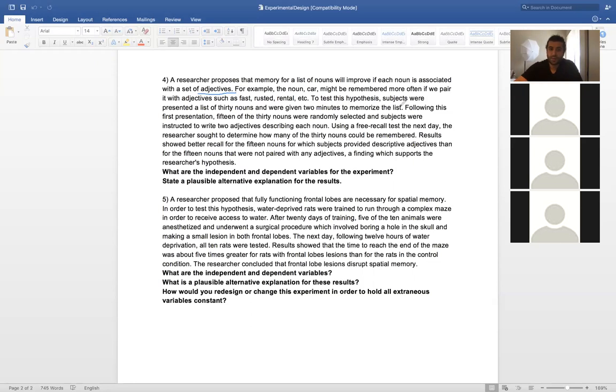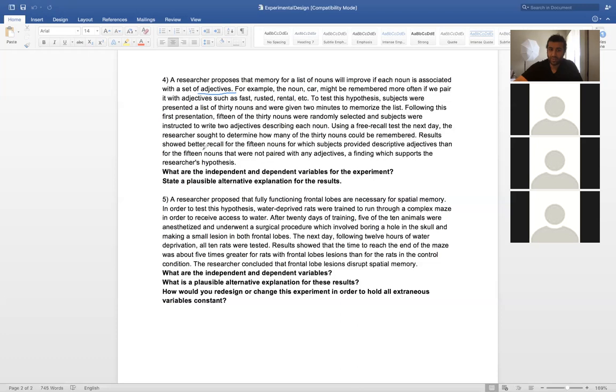To test this hypothesis, subjects were presented a list of 30 nouns and were given 2 minutes to memorize the list. Following the first presentation, 15 of the 30 nouns were randomly selected and subjects were instructed to write 2 adjectives describing each noun. Using a free recall test the next day, the researchers sought to determine how many of the 30 nouns they could remember.